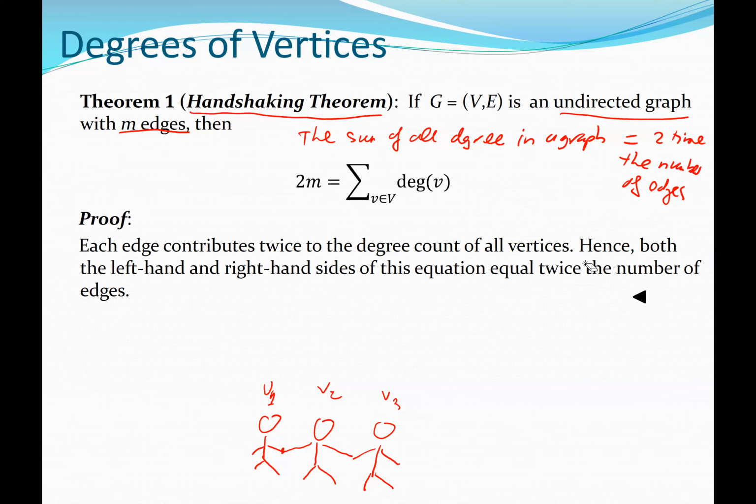V1 and V2, when they are only 2 together, just shake hands. But when you add another one, the middle person has to shake hands with 2 people, together with one hand from V1 and one hand from V3, that has a total of 4 hands so far.